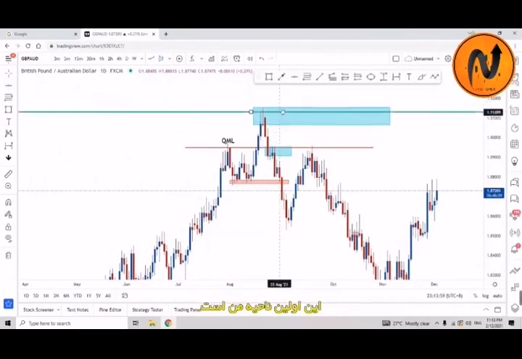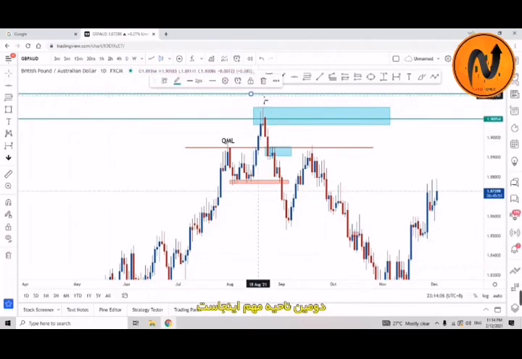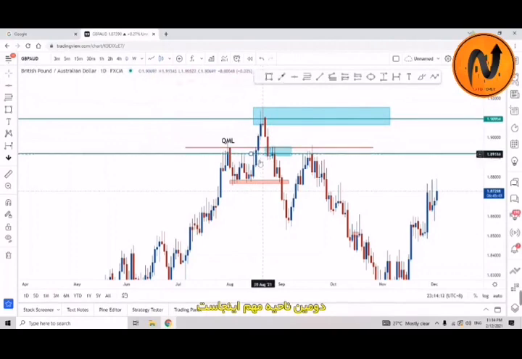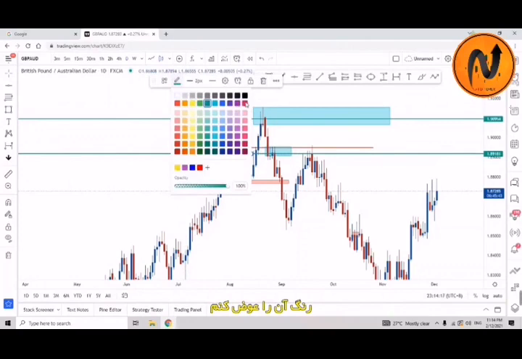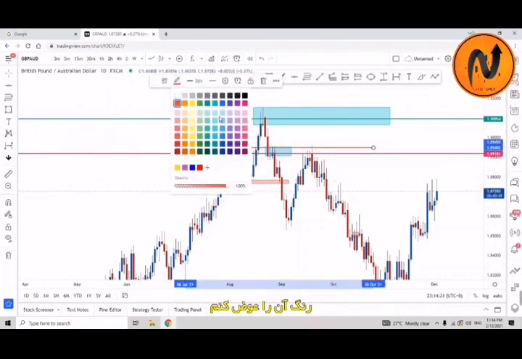This is my first area, I'm going to place it over here, anywhere is okay within the box. Second one, I'm going to place it over here, somewhere around here. I'm going to make the color different so it's easier to understand. Red color for this one, and blue color for this one.